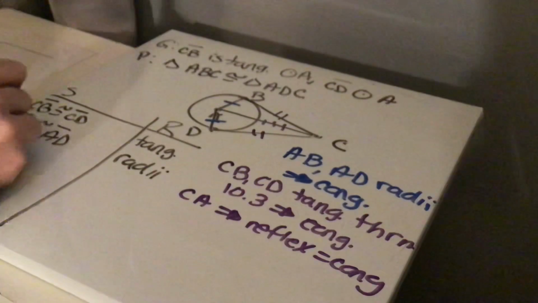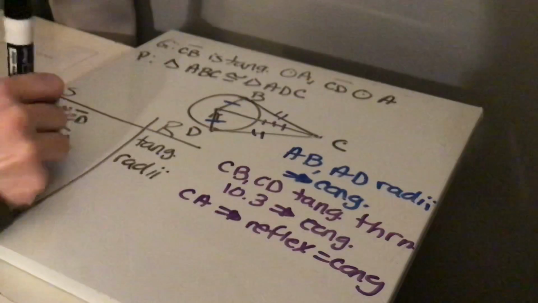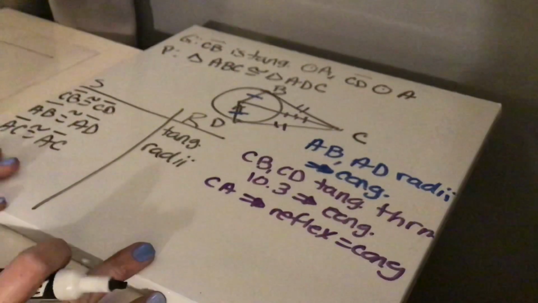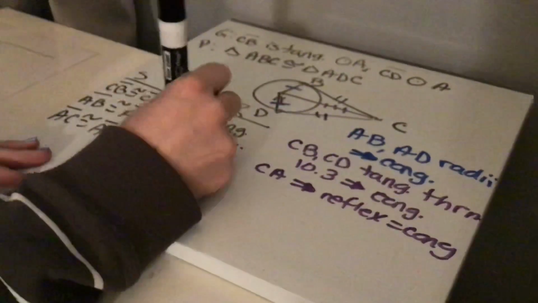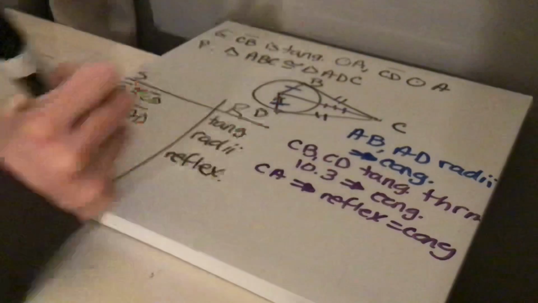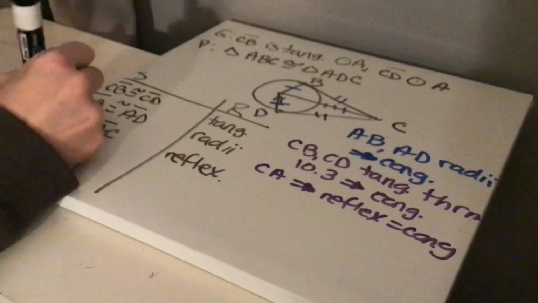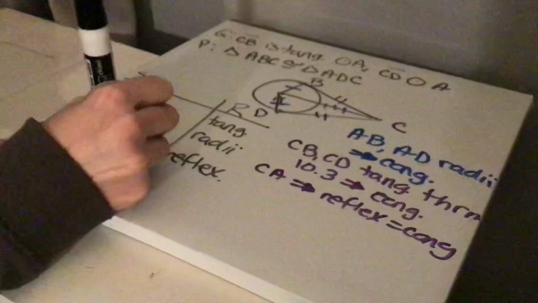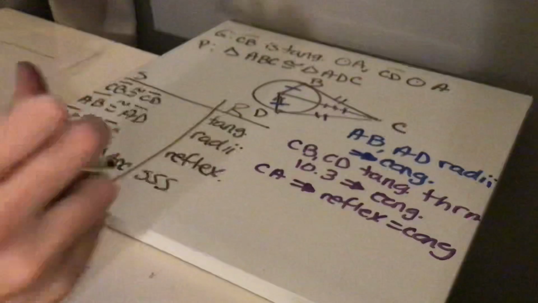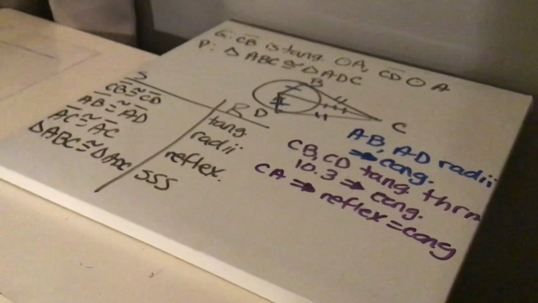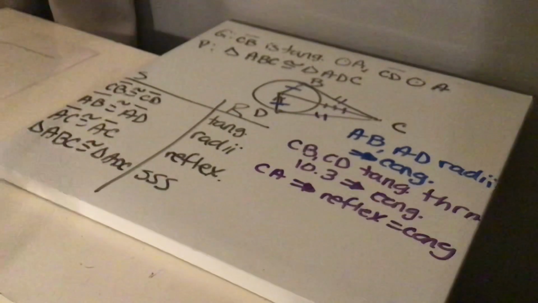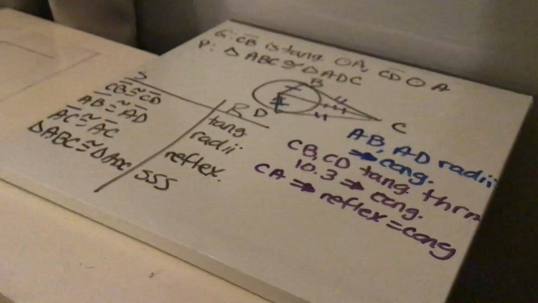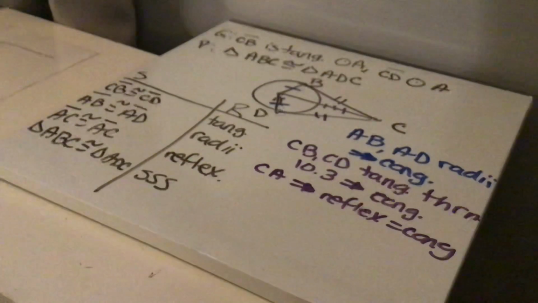And AC is congruent to AC because of the reflexive property. Then that's all you need. You have three sides. So ABC is congruent to ADC by side, side, side. So we've used our circle to make a proof about a triangle. And that is tangents to circles.